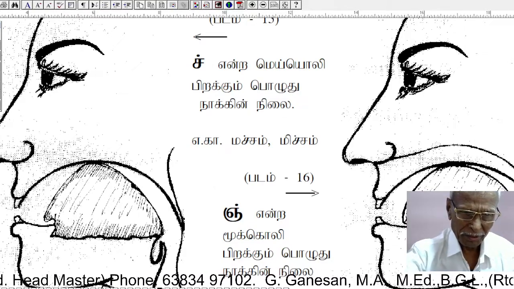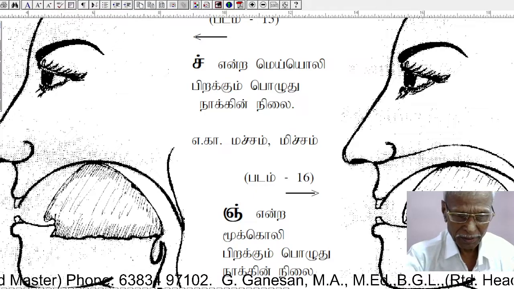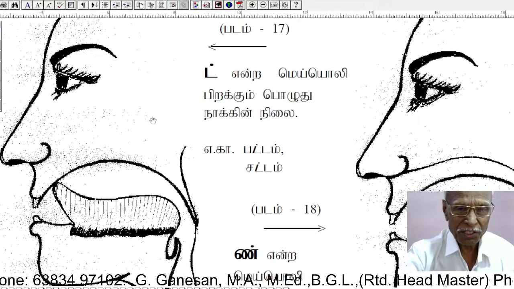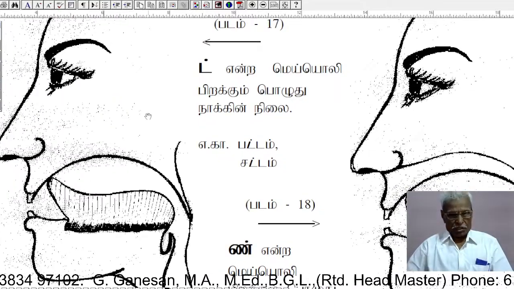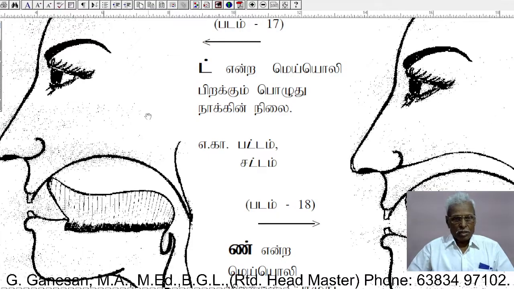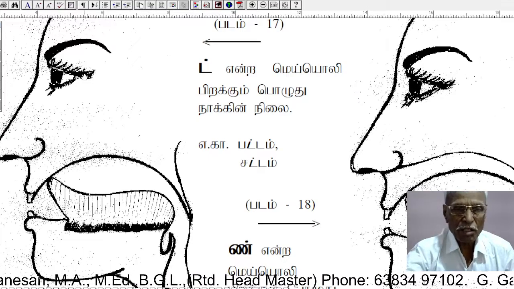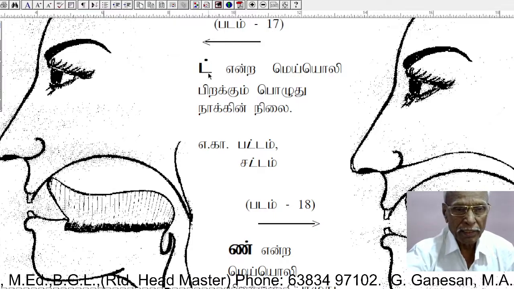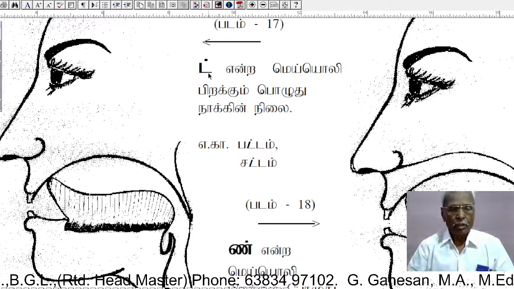Then let us see the production of the fifth consonant Tamil phoneme. Its name is id.